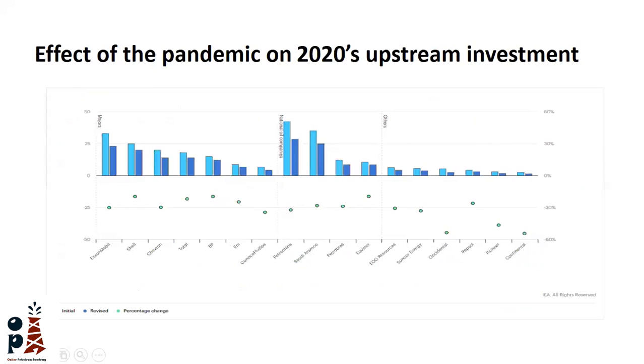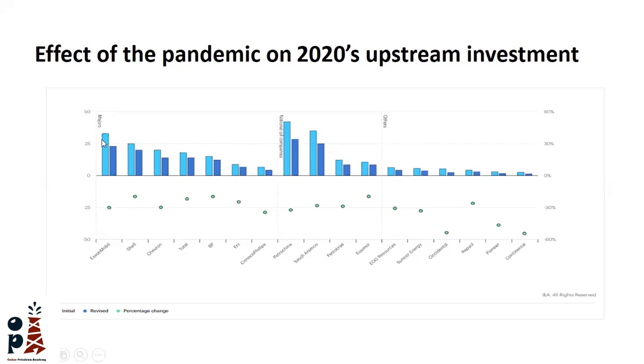So what happened in 2020 after the pandemic? This curve shows that oil companies always have a plan B, or a contingency plan, to compensate for what happens globally. After the oil price decreased, we see that oil companies reduced their initial investment by almost 25%.